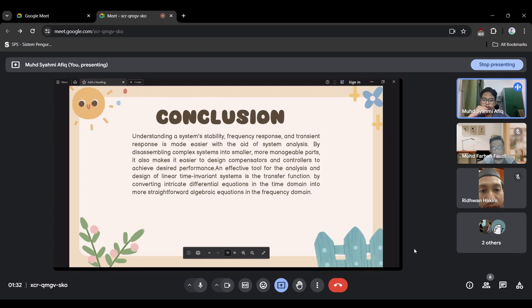An effective tool for the analysis and design of linear time invariant systems is the transfer function, by converting intricate differential equations in the time domain into more straightforward algebraic equations in the frequency domain.